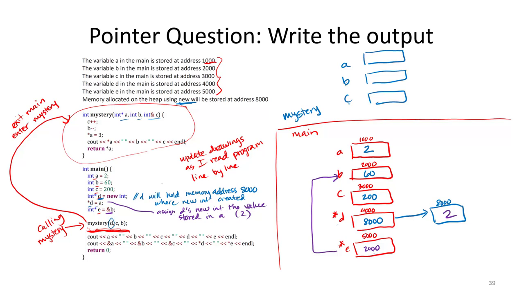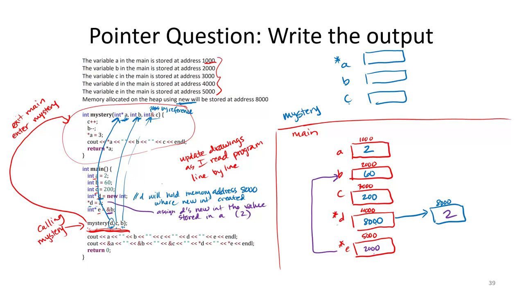And notice that d is going to be plugged in for a, c is going to be plugged in for b, and my variable b in main is being passed by reference into c. So let's update my mystery variables a, which is a pointer, b, and c, with the values that we passed in when calling mystery.